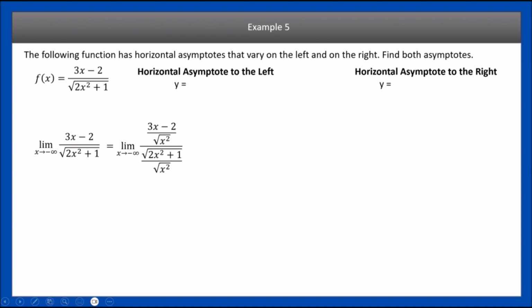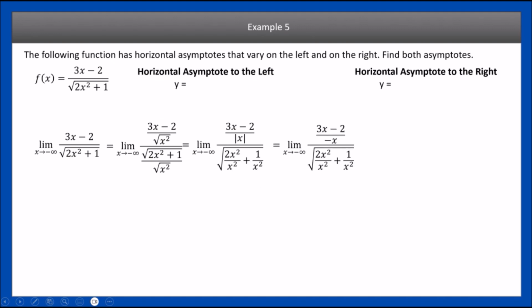We're going to do that to the numerator and denominator, noting that this turns into the absolute value of x, right? And this, we're going to divide into the denominator, because they both involve square roots, so we can put them under one common square root. Whereas the numerator does not have a square root, so we're going to leave it as the absolute value of x by definition here. Then we're going to cancel these x squareds in the denominator.